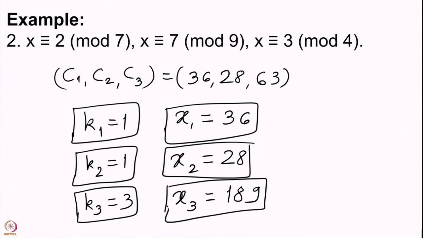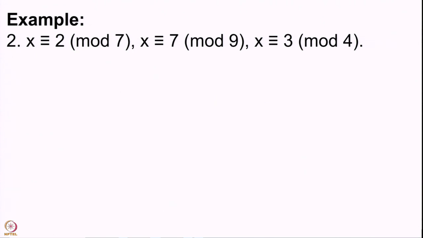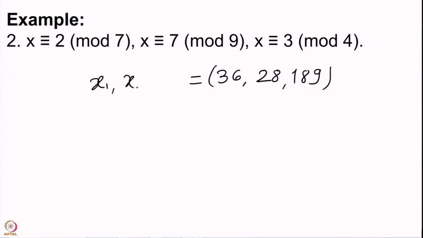So, 36, 28 and 189, this is x1, x2 and x3, and now what we should do to compute the final answer is to take x to be summation ai xi.